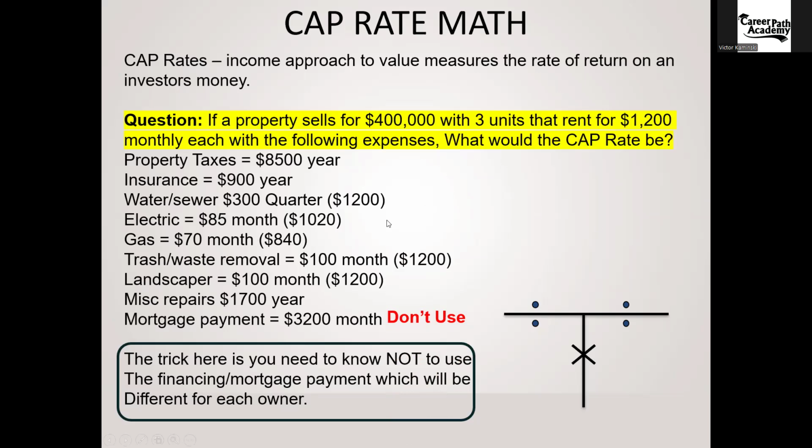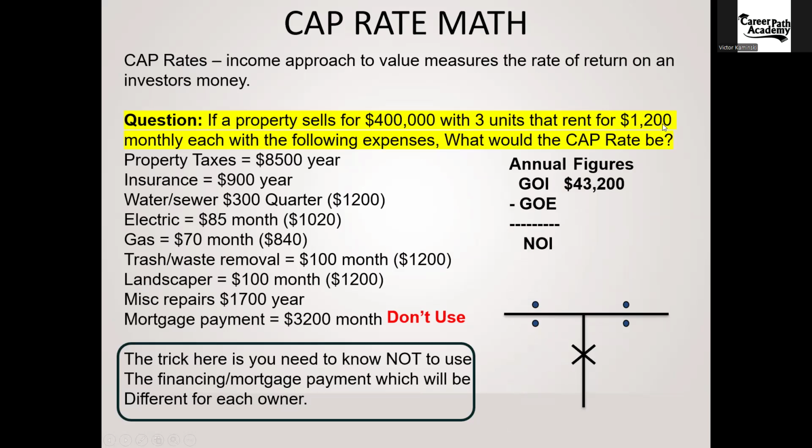I already did all that for you guys. Here you got in the brackets, I already added them all up. Here are the annual figures. You get the GOI, the expenses, and then you get the net. And then you plug that in up top. So the annual income is $43,200. How did I figure that out? We got 3 units that rent for $1,200 a month each.